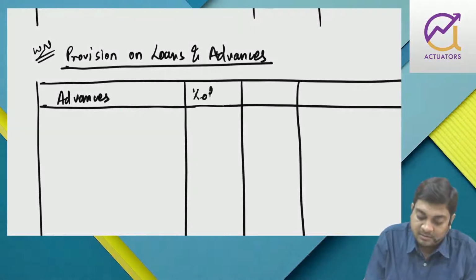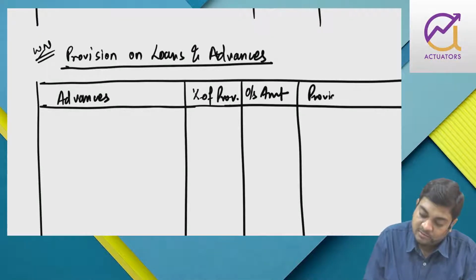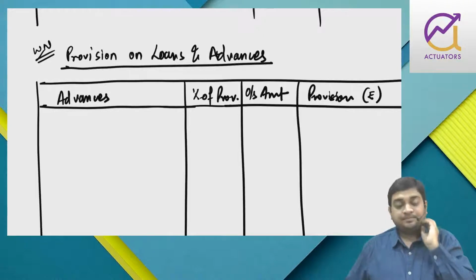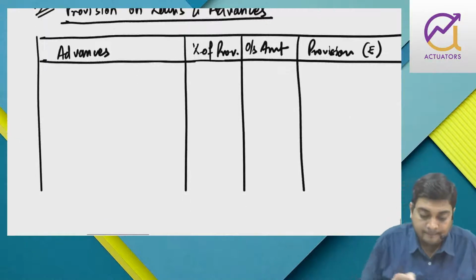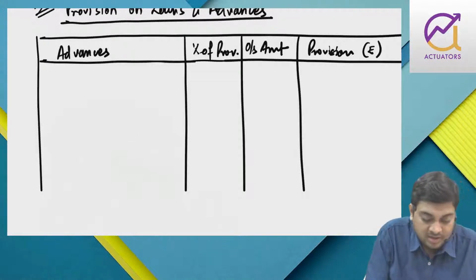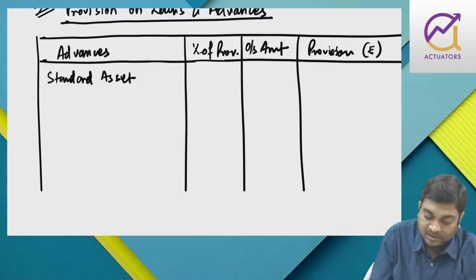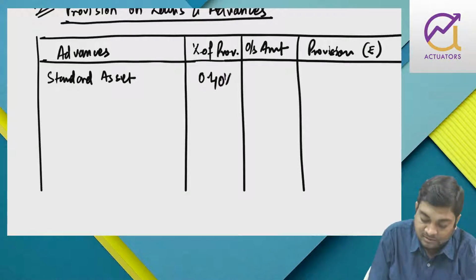Advances, percentage of provision, outstanding amount, provision amount. As simple as that. So first we have standard asset, nothing mentioned, 0.40.